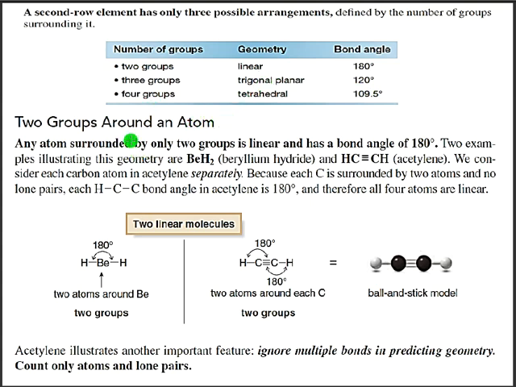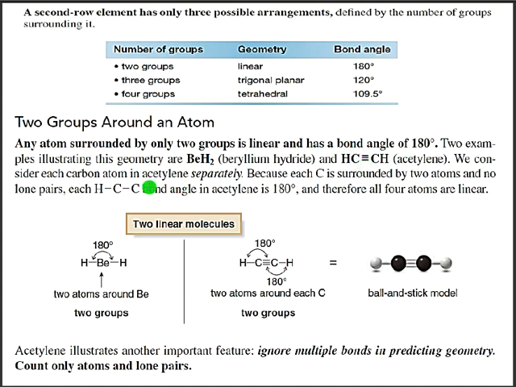Now, 2 groups around an atom. Any atom surrounded by only 2 groups is linear and has a bond angle of 180. Examples of molecules with this geometry are BeH2, beryllium hydride, and acetylene, H-C triple bond C-H.